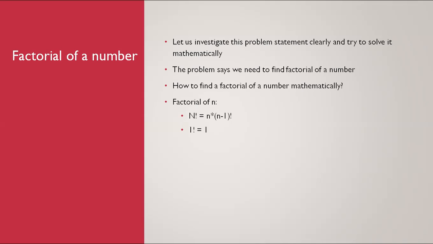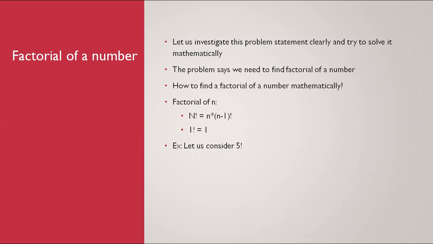Let us see how it can be done mathematically by taking an example, and how it can be achieved through programming as well. Let us consider 5 factorial, which we want to find. We want to find the factorial of 5.